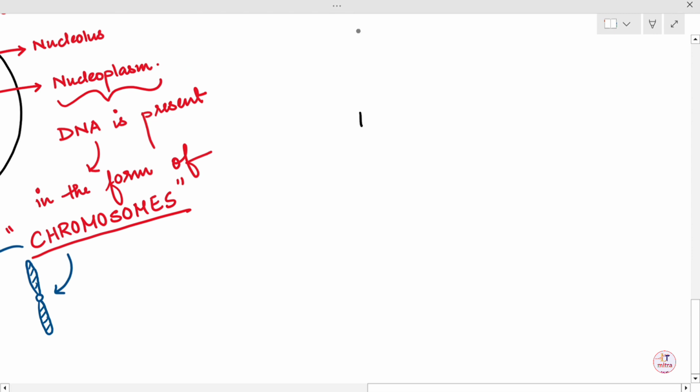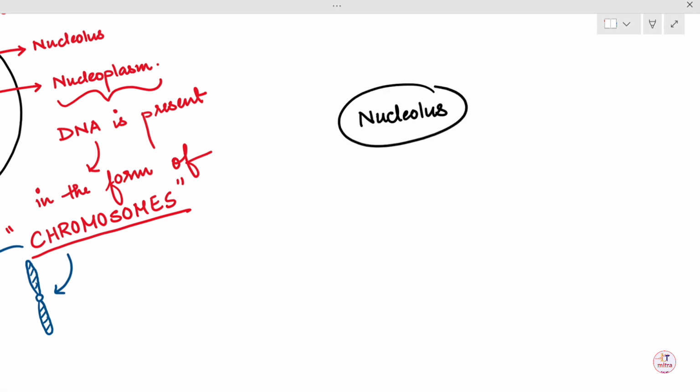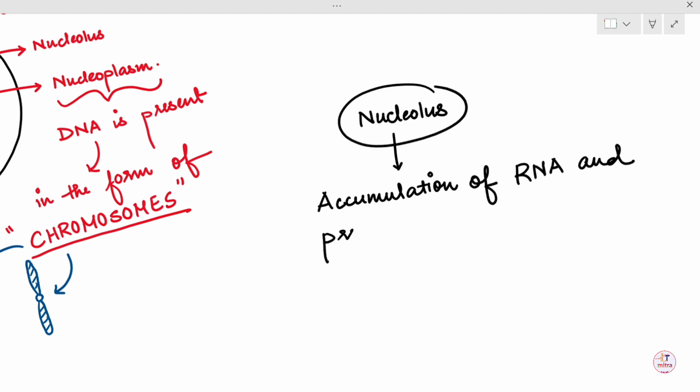This nucleolus is formed by accumulation of RNA and proteins. So the nucleolus is an accumulation of RNA and proteins.